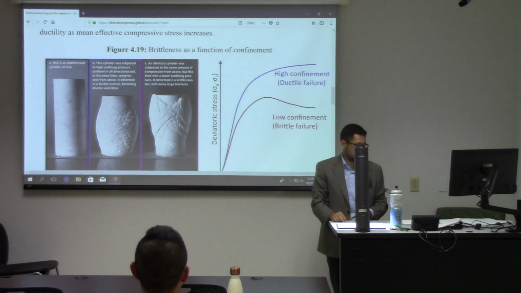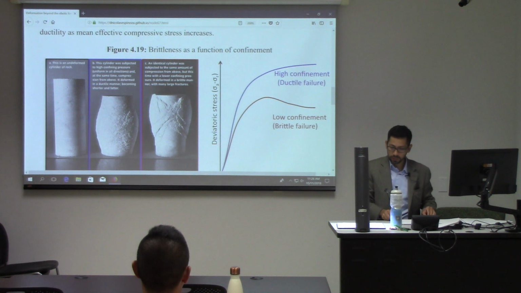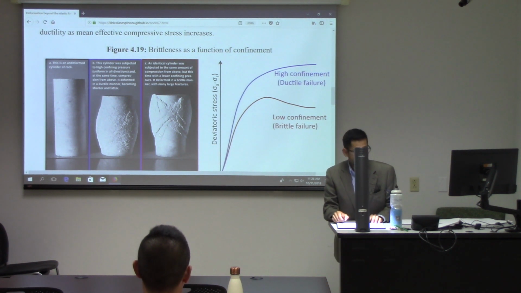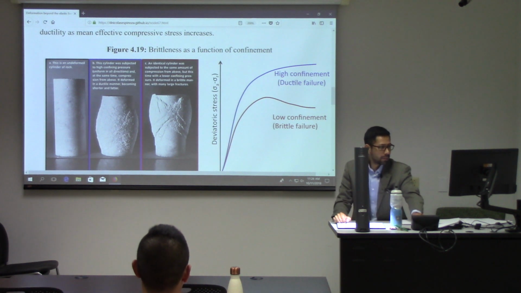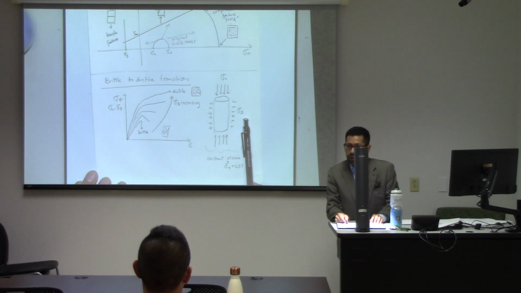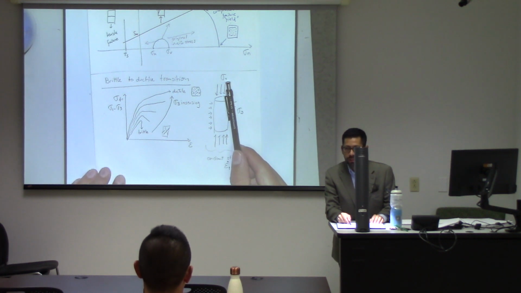Yes, Ms. Montero. Are we assuming that sigma 3 is the confining pressure? Yes. In here, let me come back over here. Here, sigma 3 is the minimum effective principal stress, and sigma 1 is the maximum effective principal stress.